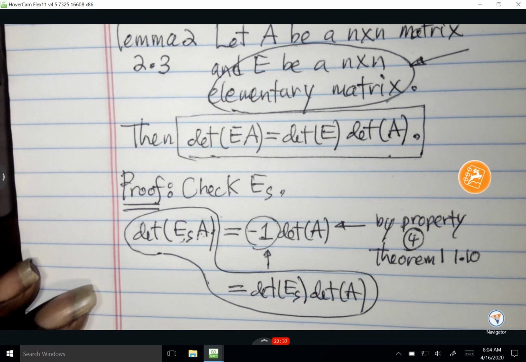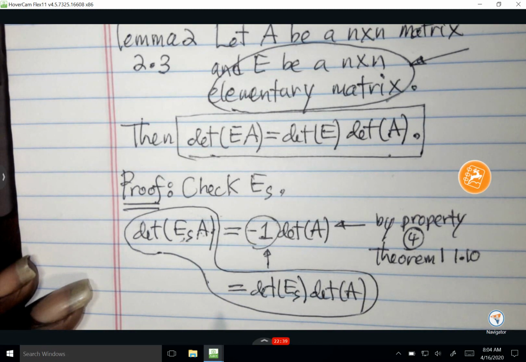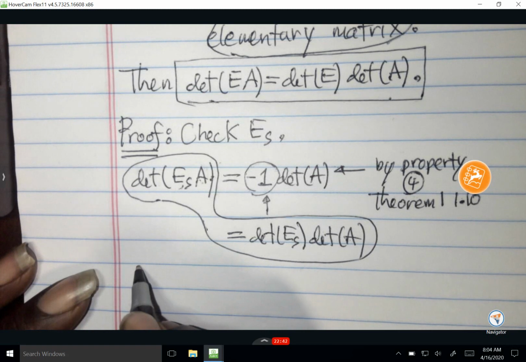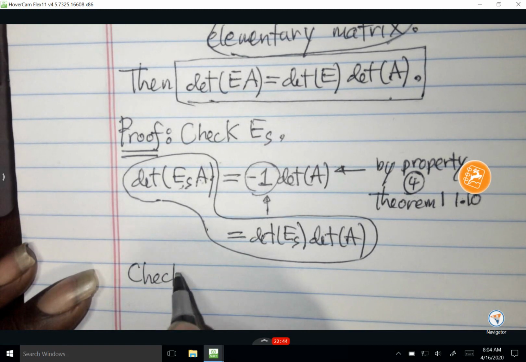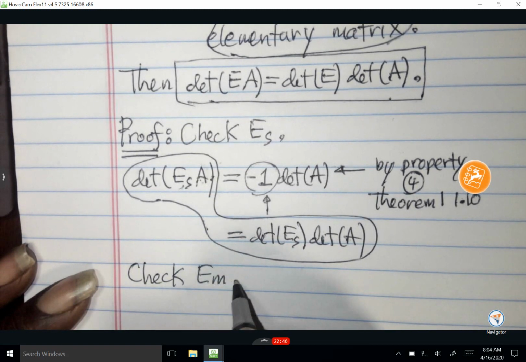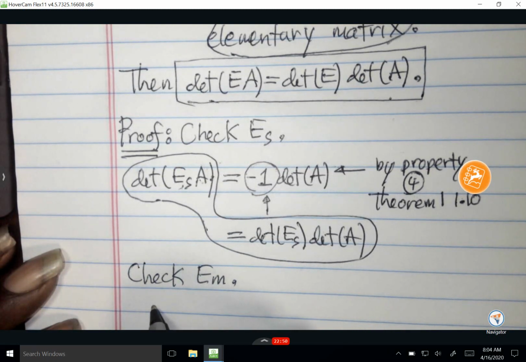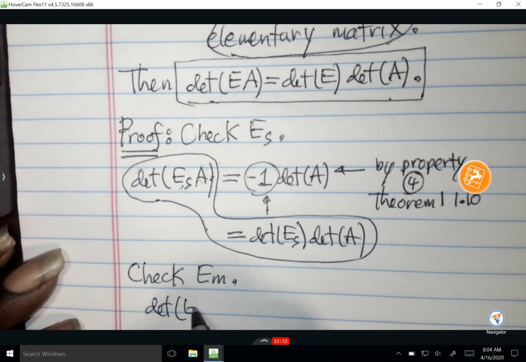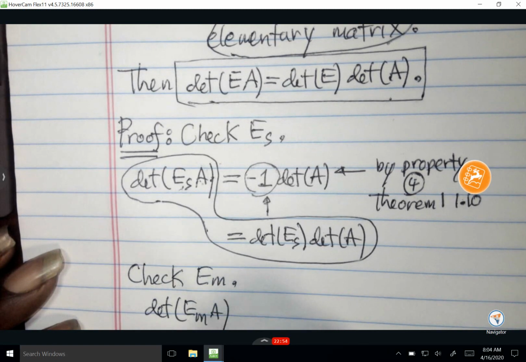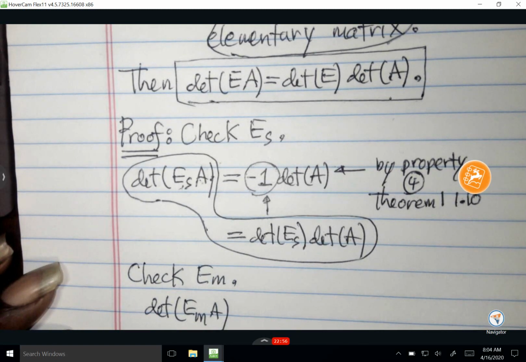What if you're E multiply? Let's check E multiply. Well, let's look at the determinant of E multiply by A and try to compute it legally, of course.